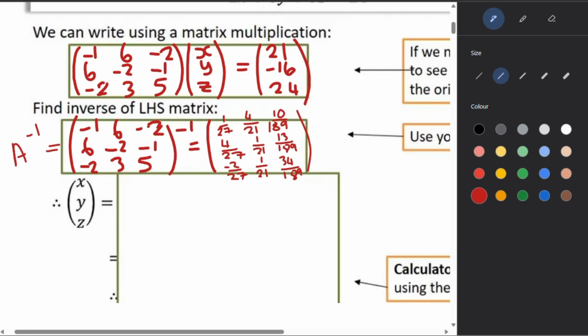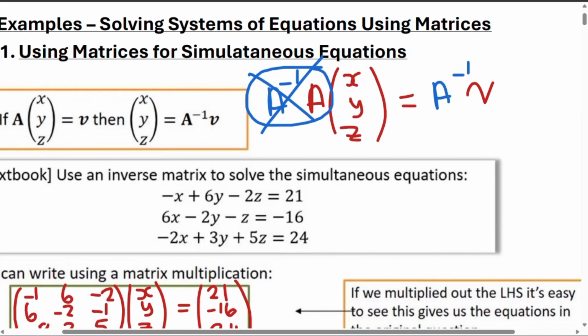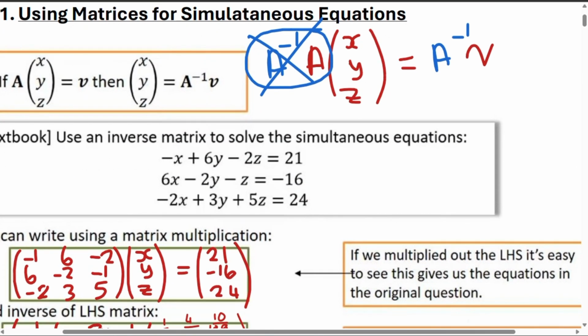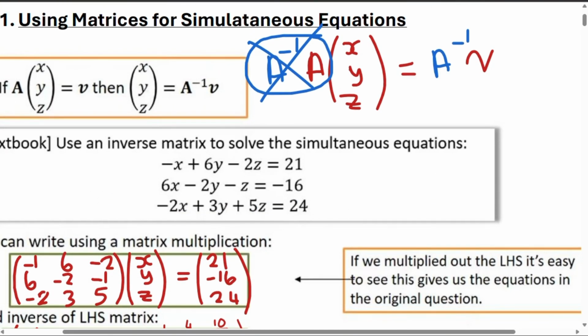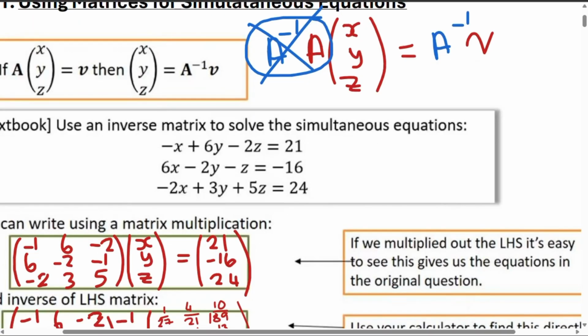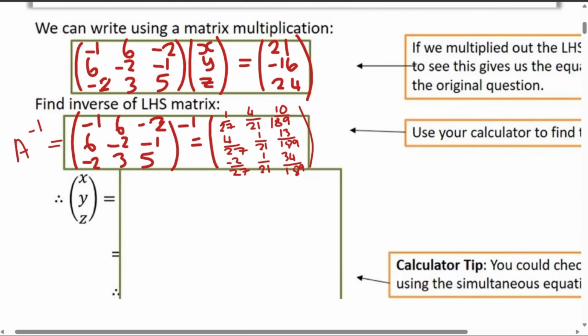So x, y, z, as we said, if we multiplied by that inverse matrix, we know that the matrix A would cancel, well, it wouldn't cancel, it would give you the identity matrix, which is just 1. So therefore, xyz is equal to the inverse matrix multiplied by the matrix that was on the right-hand side.